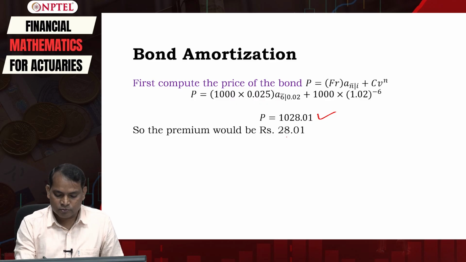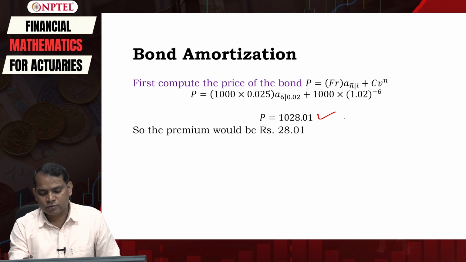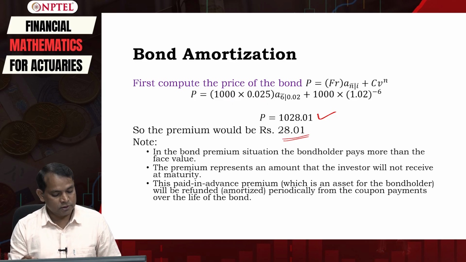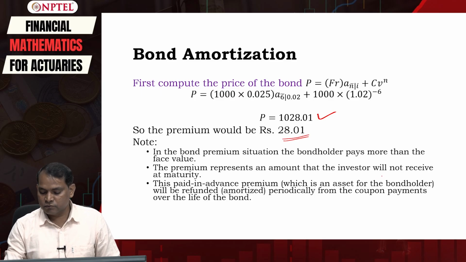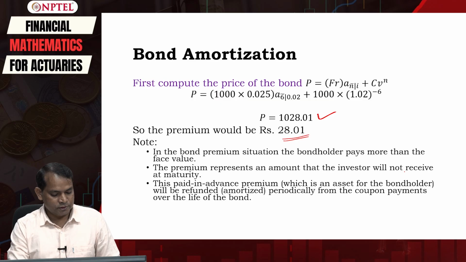So the premium would be 1028.01 minus 1000, which is 28.01. Note here that in the bond premium situation, the bondholder pays more than the face value, which we have already understood. The premium represents an amount that the investors will not receive at maturity.